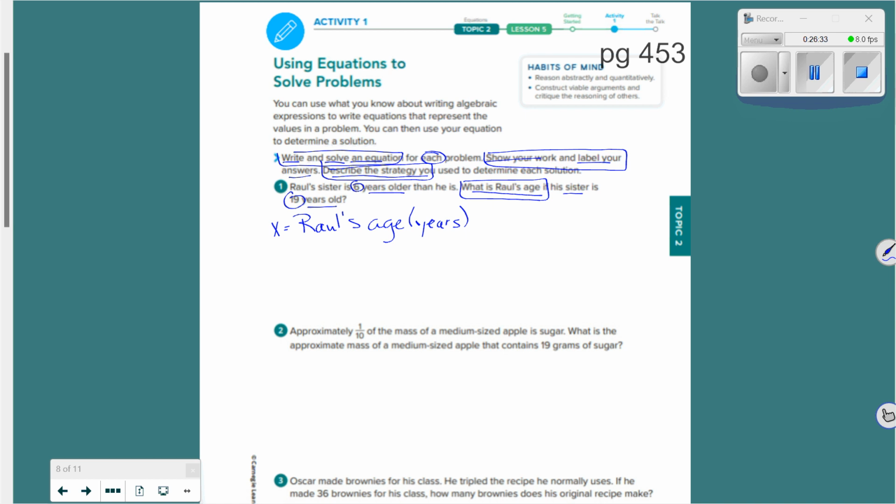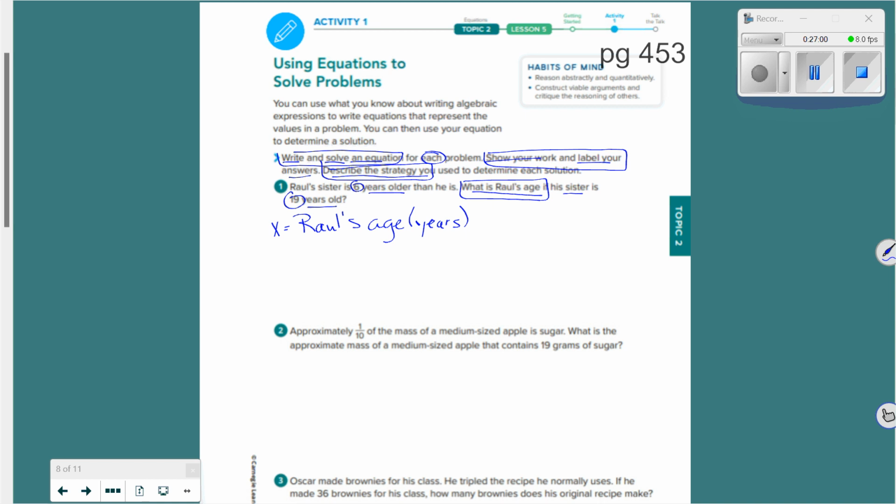Hold on. This sister is older. So if I'm at his age, I'm going to subtract to get to her age. I said multiply. So I multiply his age by 6 to figure out how old she is. You guys said multiply. Subtract.